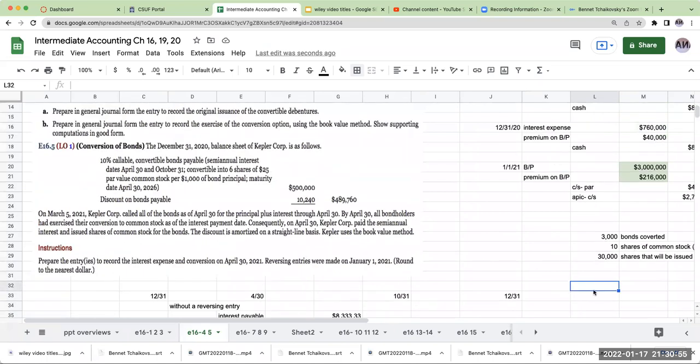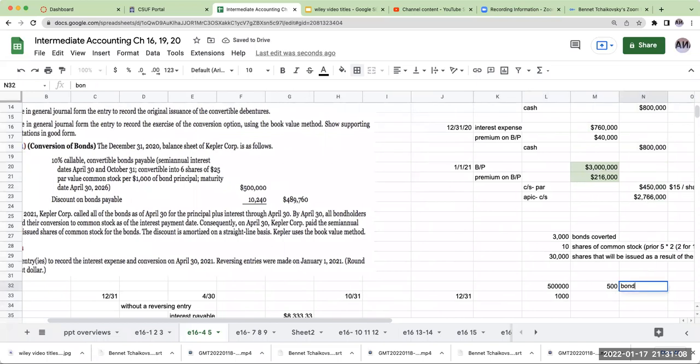So I've got 500,000, and these are $1,000 bonds. I have a total of 500 bonds.